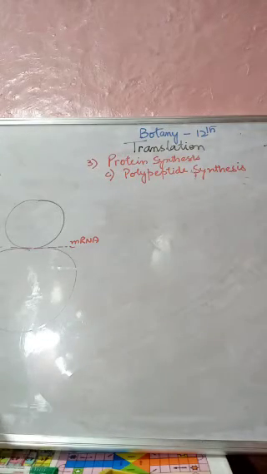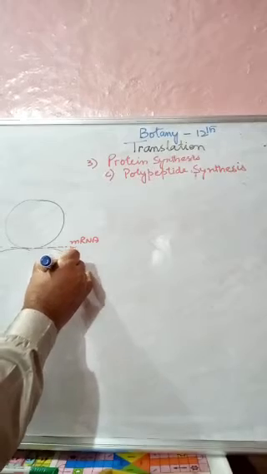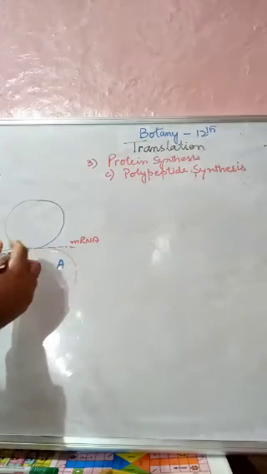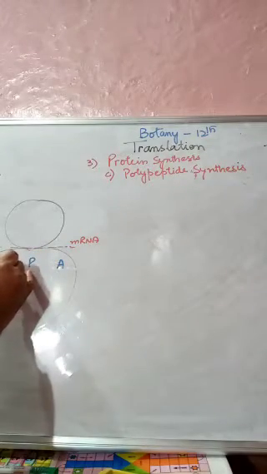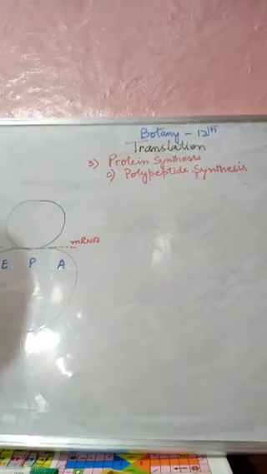And what are those sites? We have got different sites, that is A, then we have got P, and then we have got E. These are the sites.